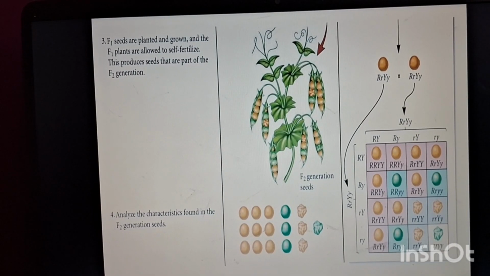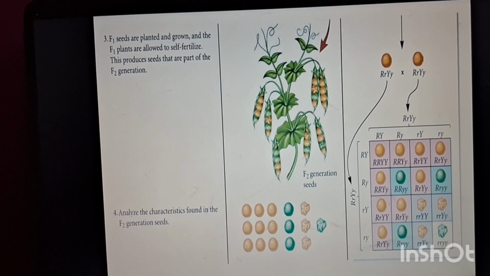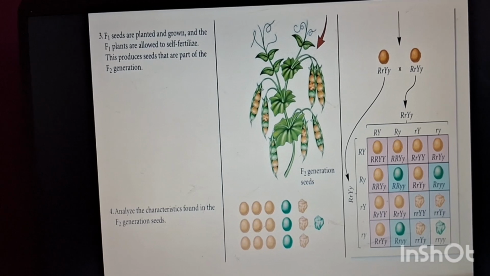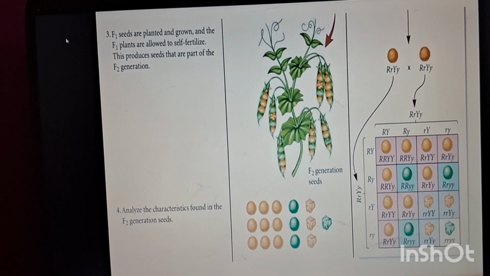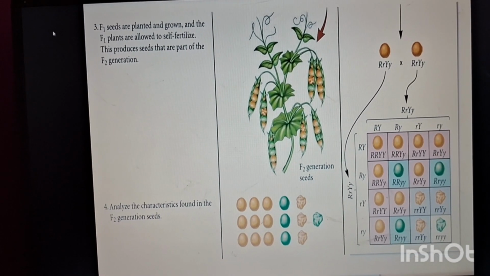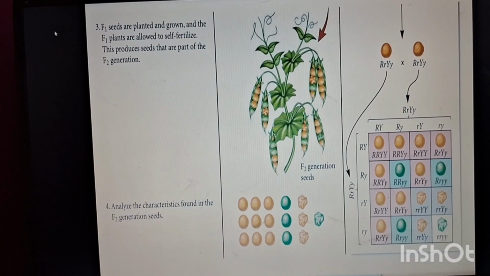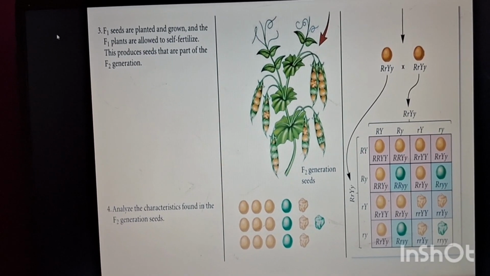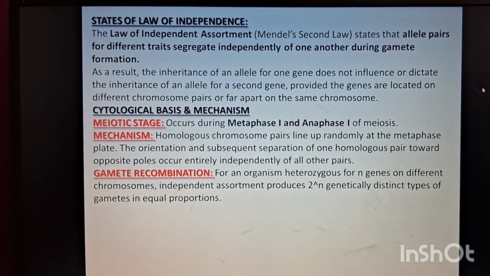So a total of 16 offspring are produced and their ratio is 9:3:3:1. This 9:3:3:1 ratio is the phenotypic ratio.